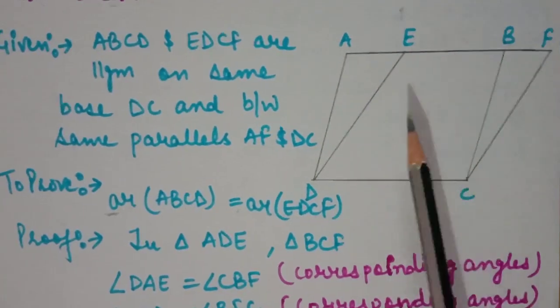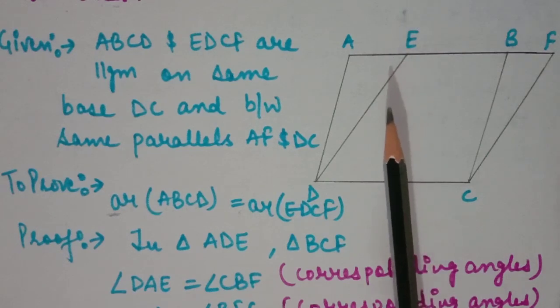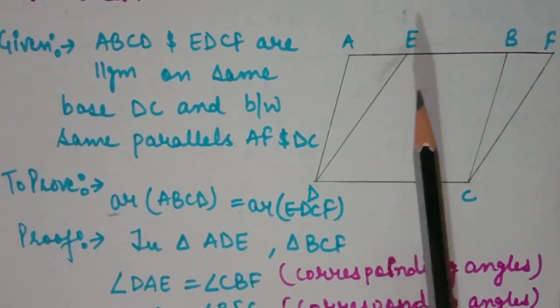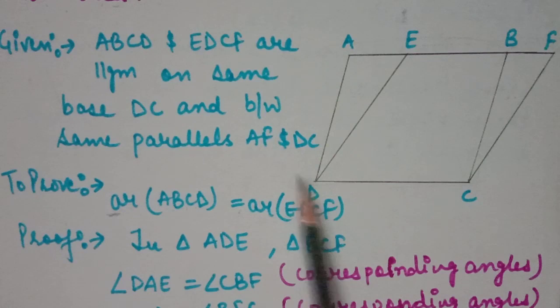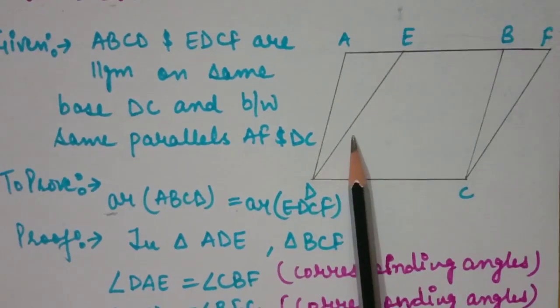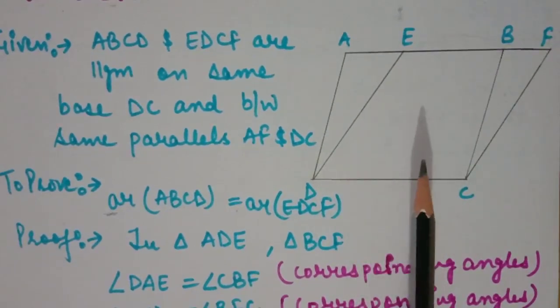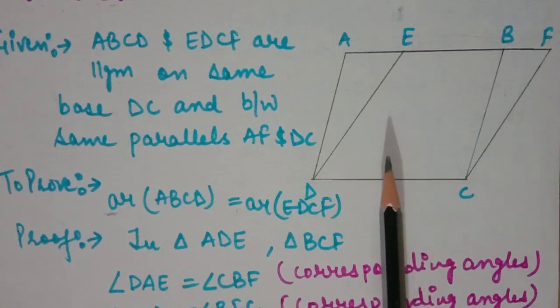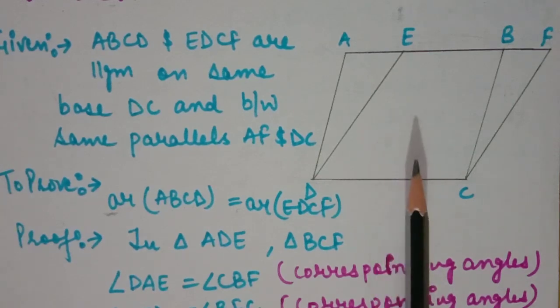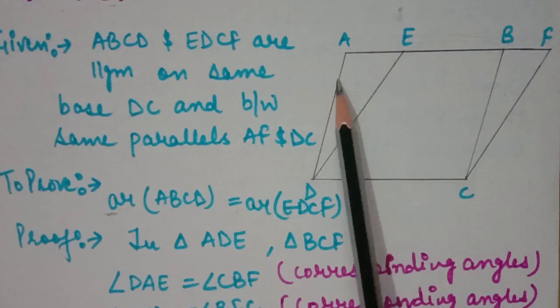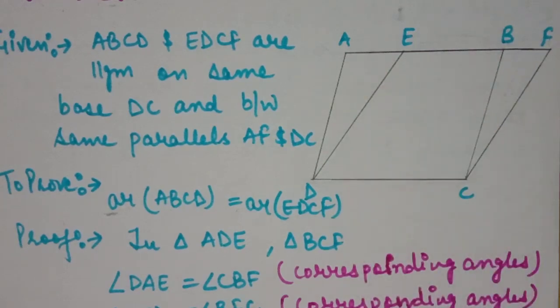For congruency I need three elements. First of all students, it is very clear that these two quadrilaterals are parallelograms. So we have all the properties of a parallelogram: opposite sides are equal and parallel, and opposite angles are equal. I will try to prove it with these properties.